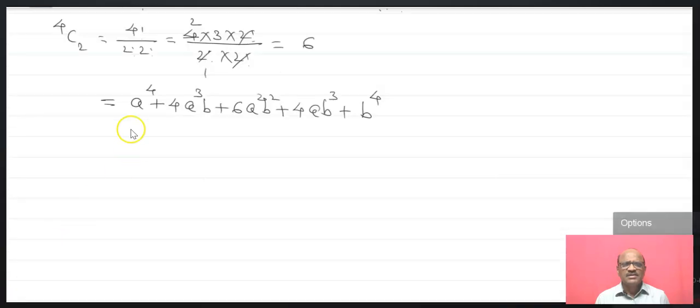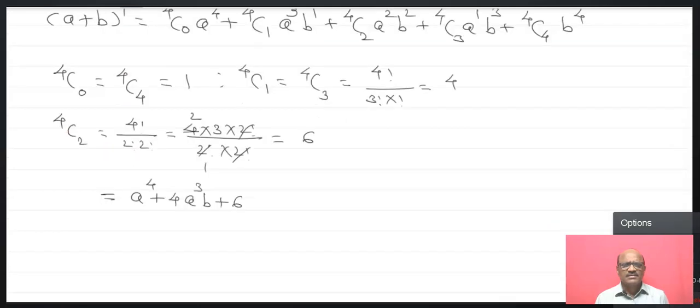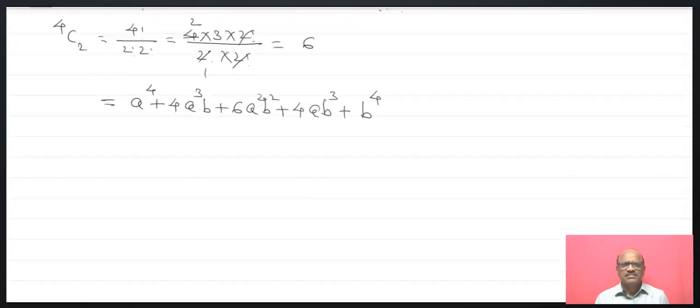Now see this here, these are the values, b raised to 4. These are the values.